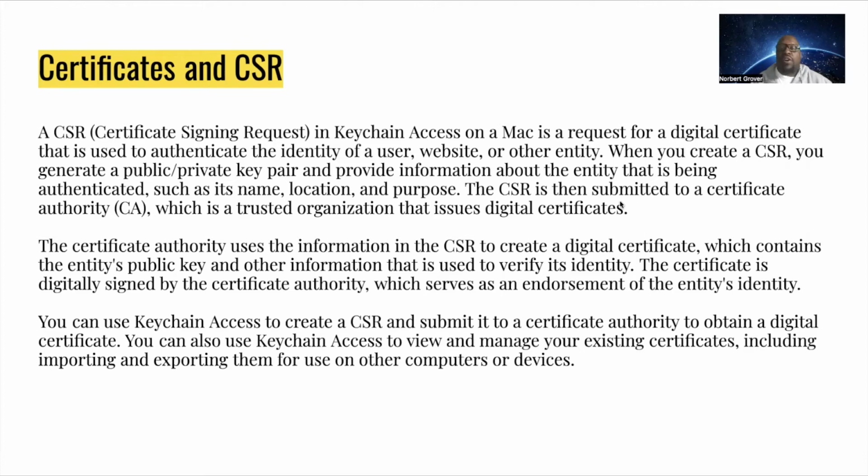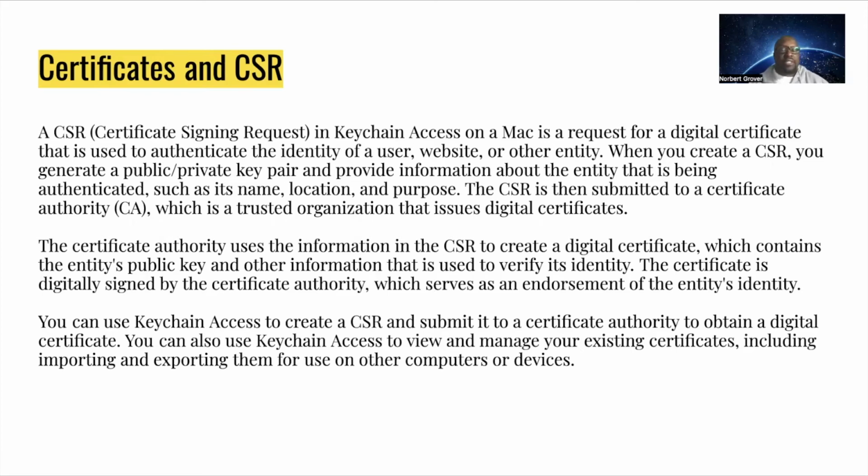The CSR is then submitted to a certificate authority, which is a trusted organization that issues digital certificates. The certificate authority uses the information in the CSR to create a digital certificate, which contains the entity's public key and other information that is used to verify its identity. The certificate is digitally signed by the certificate authority, which serves as an endorsement of the entity's identity.